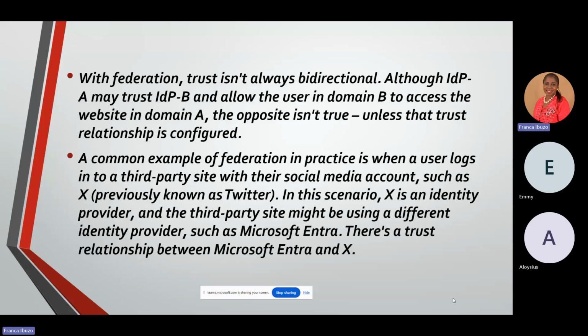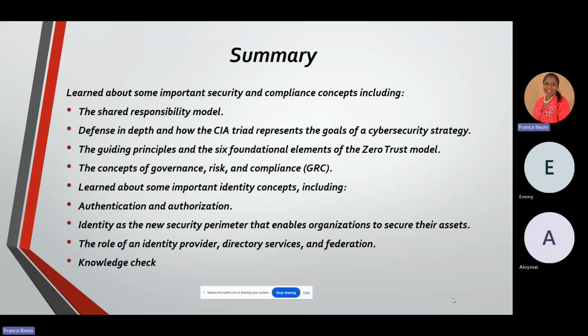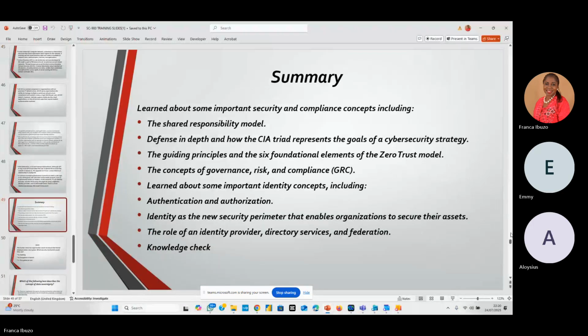So if you want to log into another account or sign up for another application, you can use any of the accounts you already signed up with, Google or Twitter or any of the social media accounts. Before we go to the summary, let me see what I still have here.